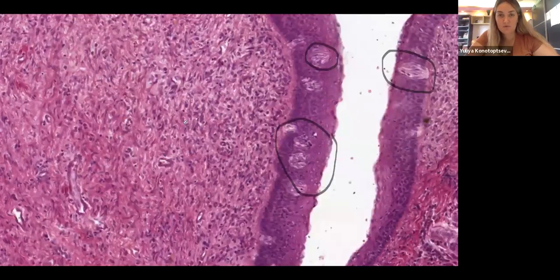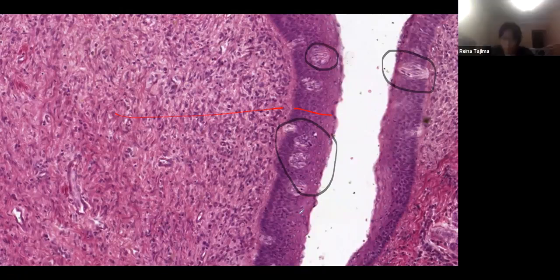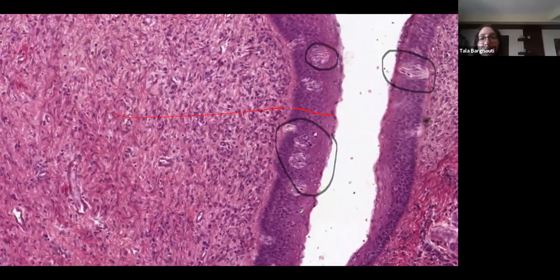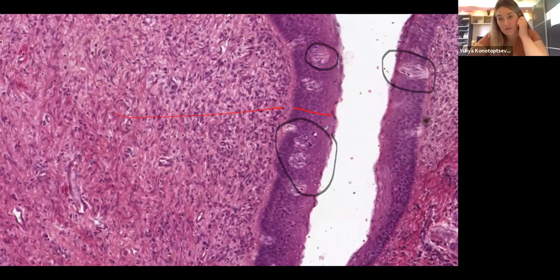So circumvallate papilla: epithelium, lamina propria. Which epithelium? Stratified squamous, non-keratinized epithelium. This is the basal layer, until here this is the polygonal layer, and this is the flat cell layer.